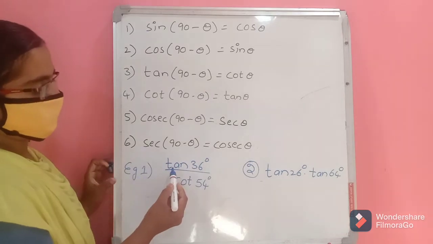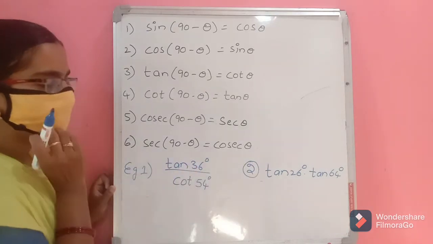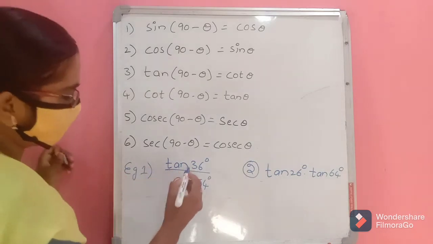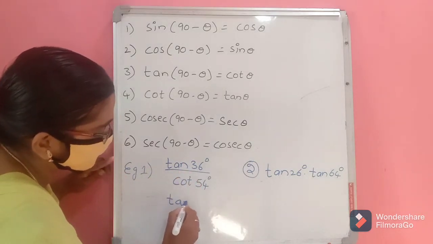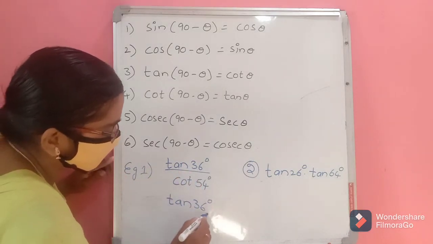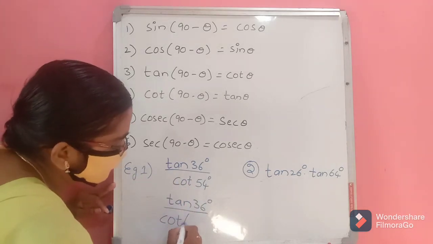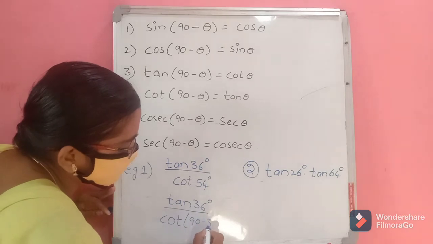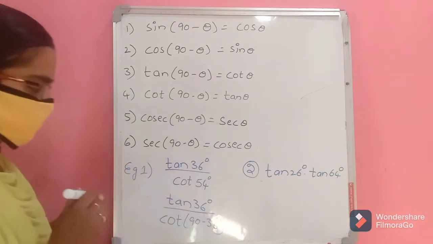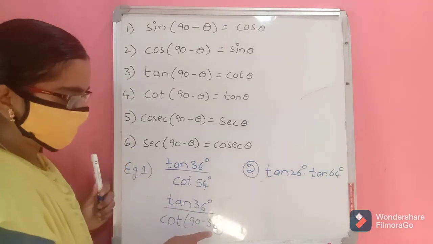So first example is tan 36 degrees by cot 54 degrees. Tan 36 degrees I am writing as it is, by cot 54. 54 I can write as 90 minus 36. So cot 90 minus 36 is 54 only.